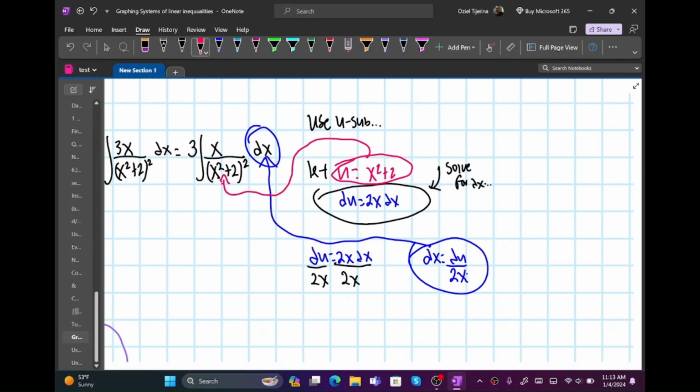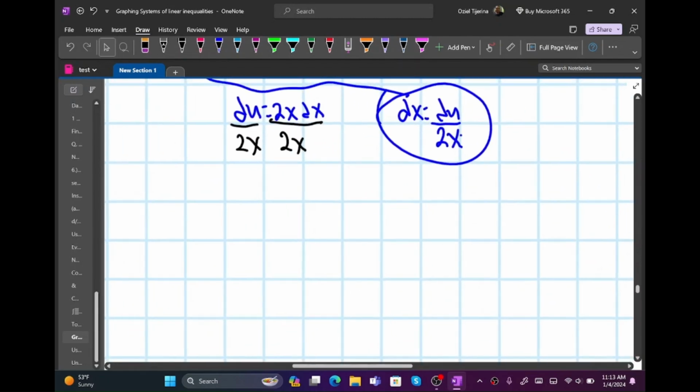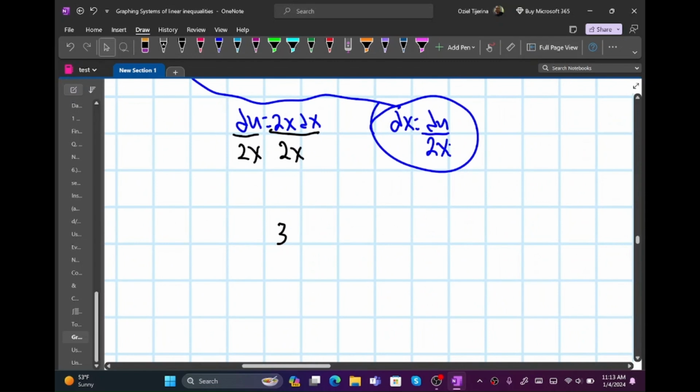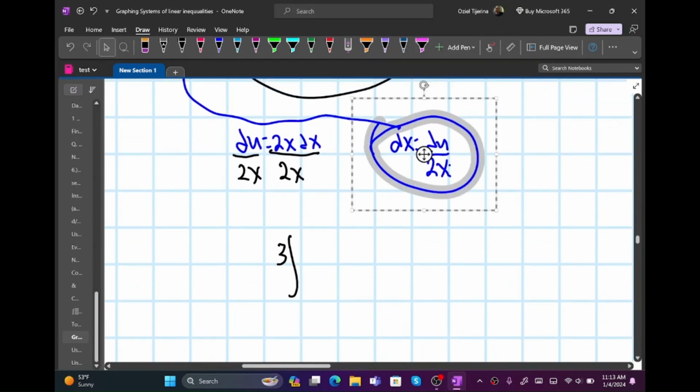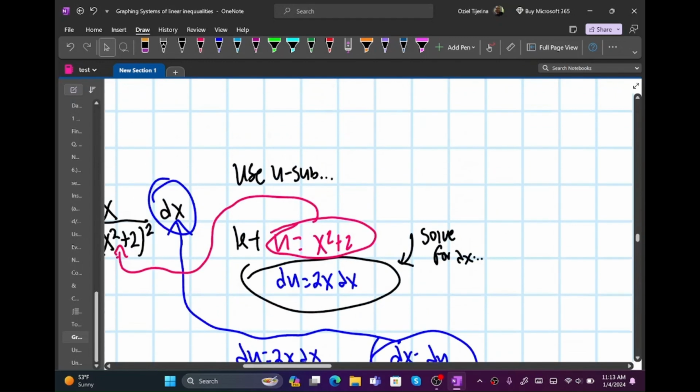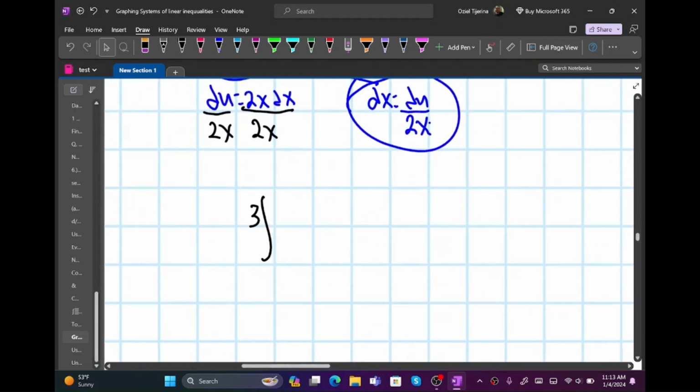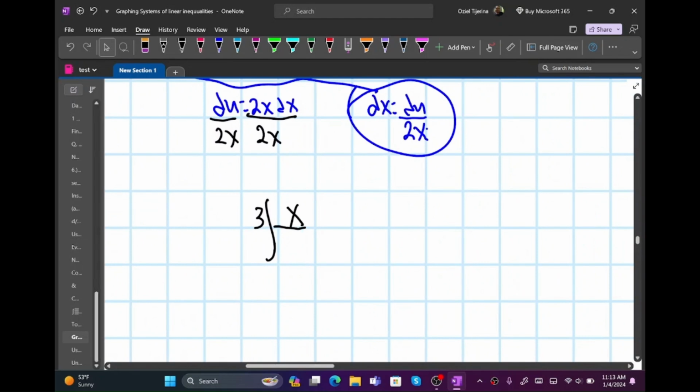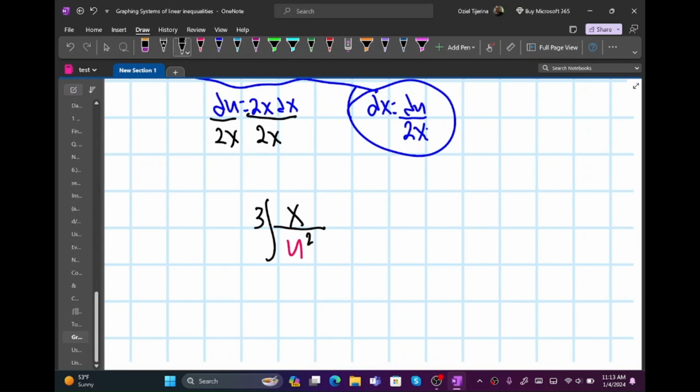Now that means we're going to have 3 times the integral of x over u squared, and then du over 2x.